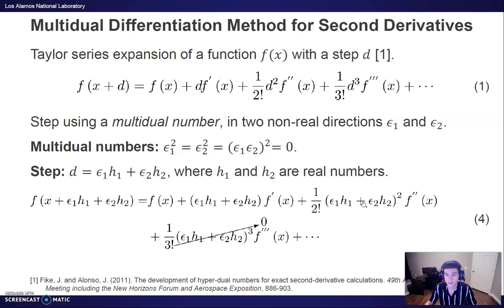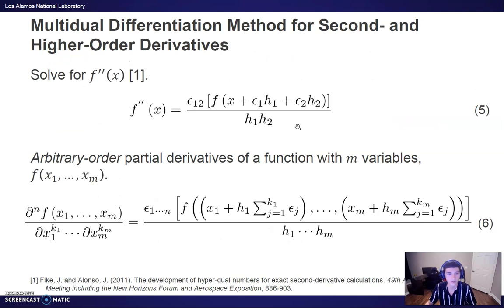So expanding this, simplifying, and then solving for the second order derivative gives us this expression where we apply the steps in two non-real directions, evaluate the function, and then take the real values of the terms that have the coefficient of epsilon 1 times epsilon 2, and then divide this by the step size that you took, and you get a second derivative with machine accuracy.